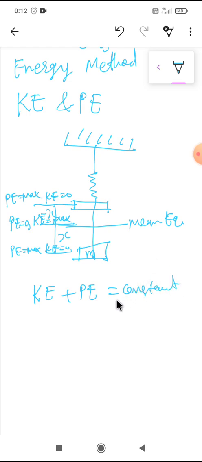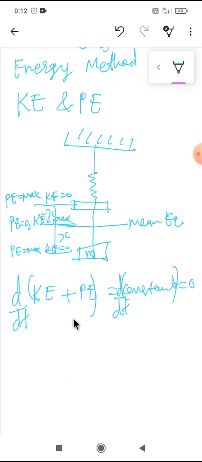So if we take the derivative of the constant term, we will get 0. If we take d by dt of any constant term, it will be equal to 0.